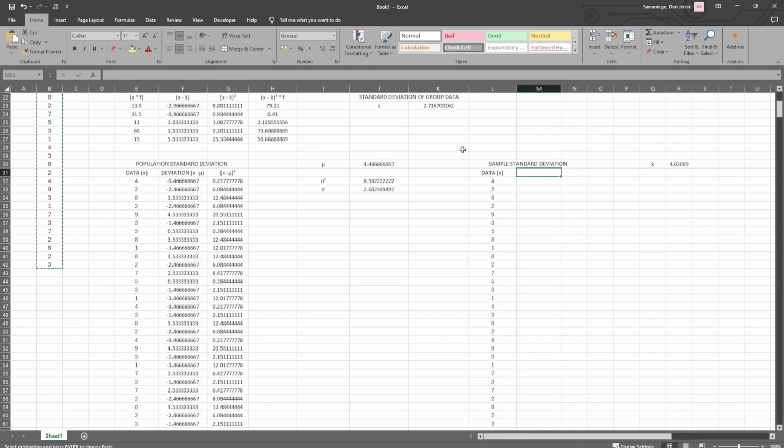The next is the deviation of x minus x bar.